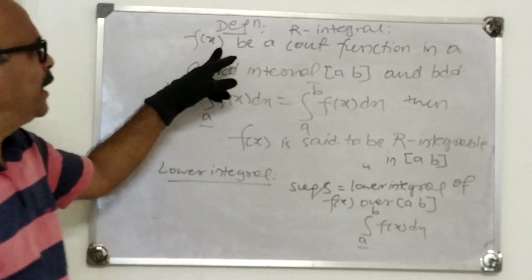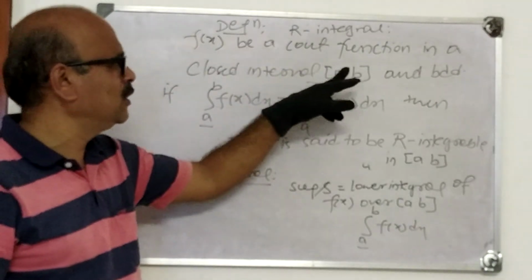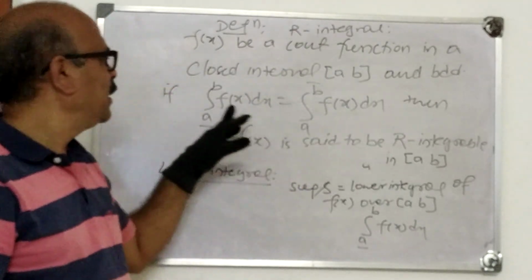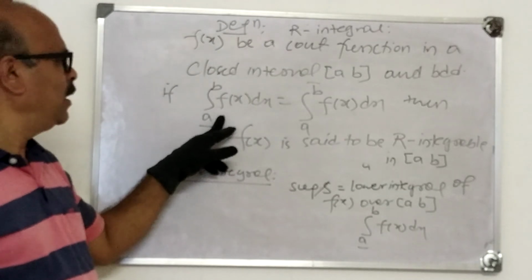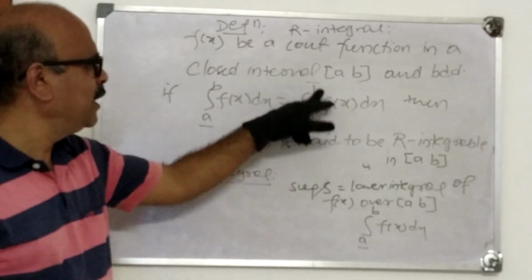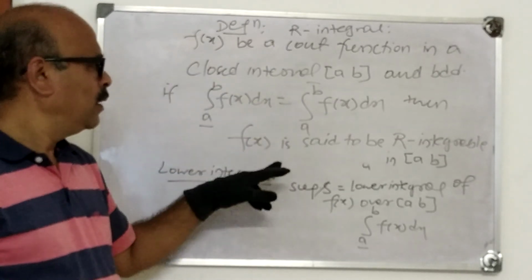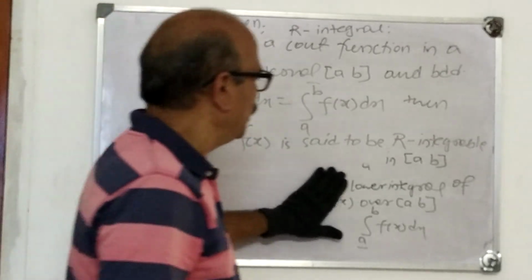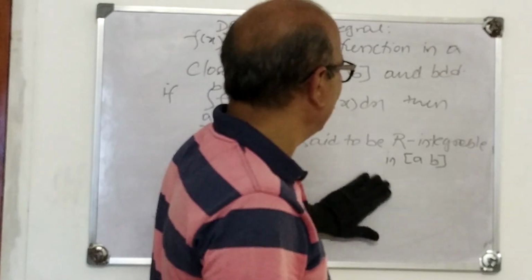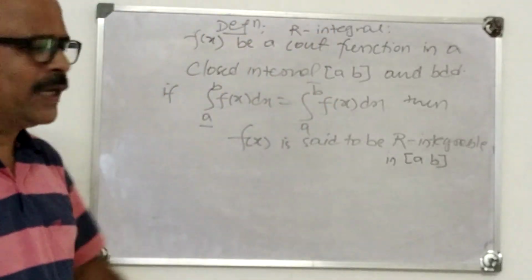We say that a continuous function f(x) in a closed interval [a,b] which is bounded is Riemann integrable in [a,b] if the upper integral of f(x) is the same as the lower integral, and if the function is Riemann integrable, it is simply called integrable.